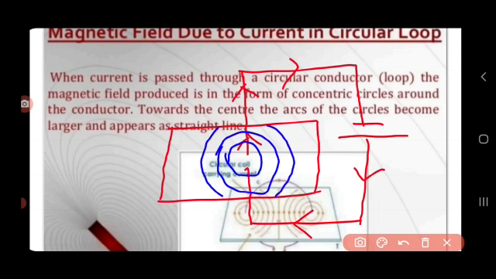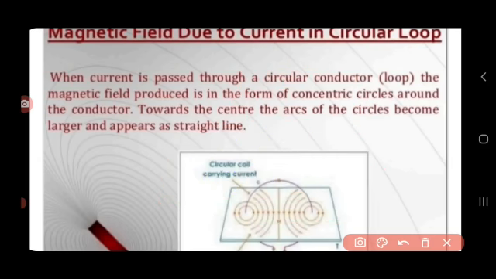Now we will deal with the magnetic field due to a circular loop carrying current. The same experiment is done, but in this experiment we will choose a circular loop instead of a straight conductor. You see, a circular loop is taken and it is connected to a battery.